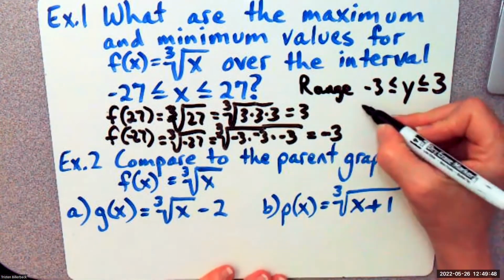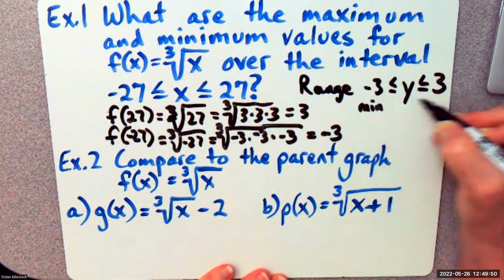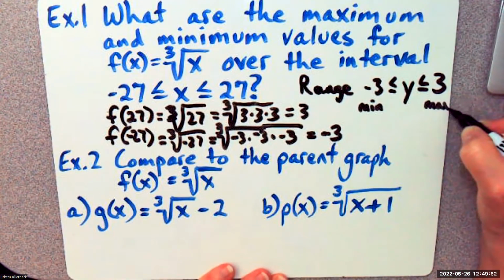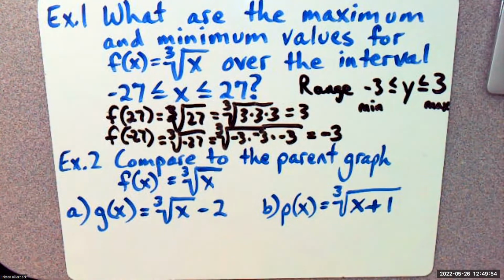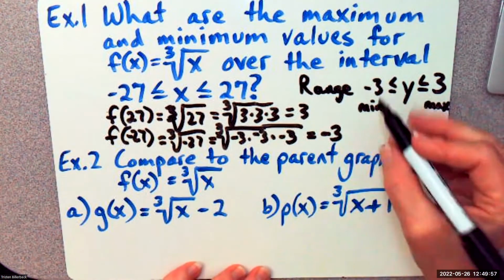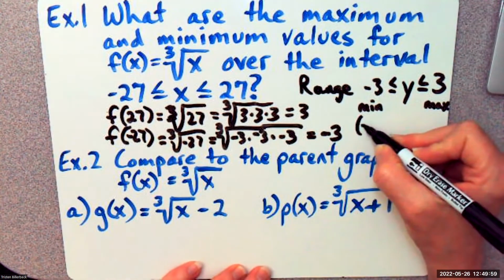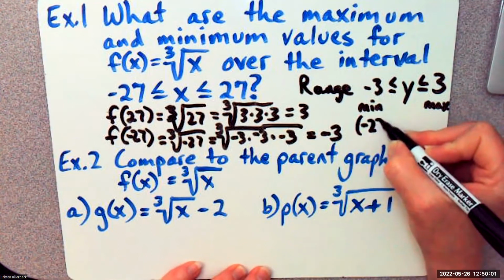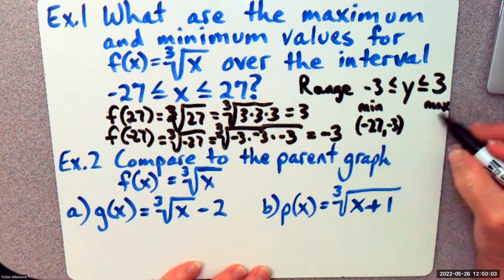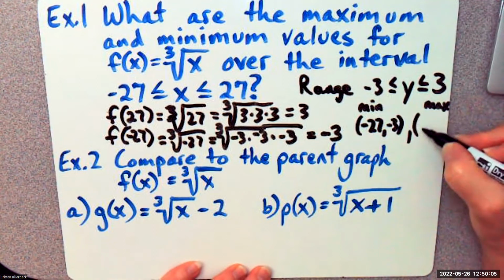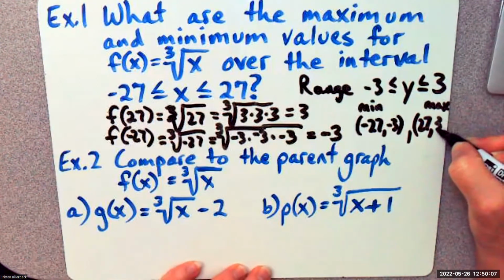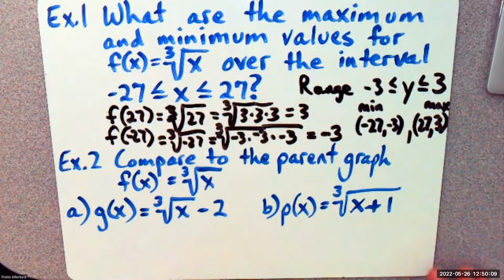So our minimum would be here, and our maximum would be here. We could write that as a coordinate too if we really wanted to. So it'd be (-27, -3), and then the max would be (27, 3). So there we have it.